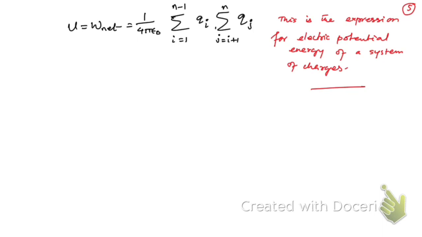So now let me prove that. Now we are to prove that U is equal to epsilon naught by 2 E square.